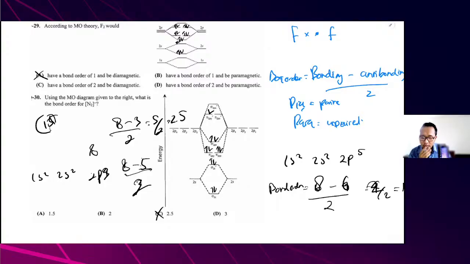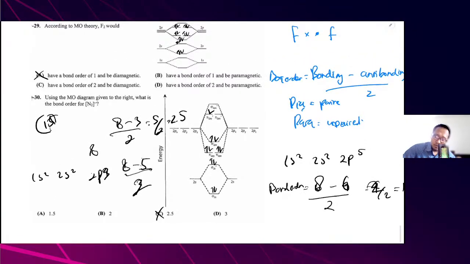The total of 10. Why is it adding more? Yeah, if we calculate for 1s1, yes, that's true.